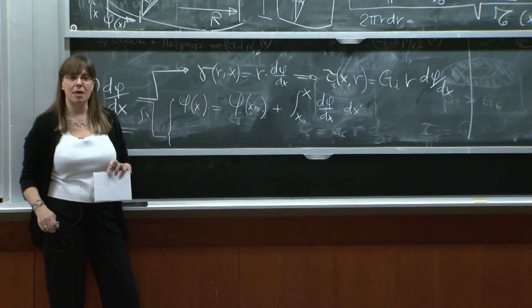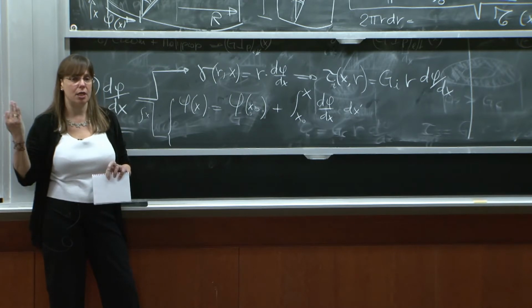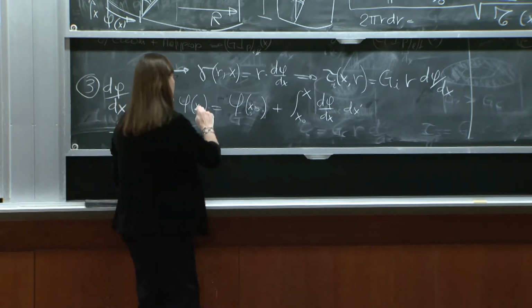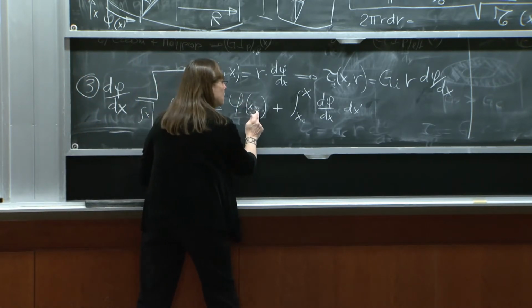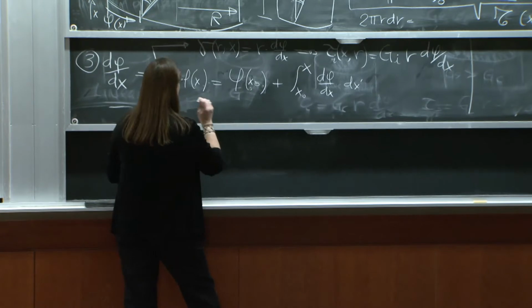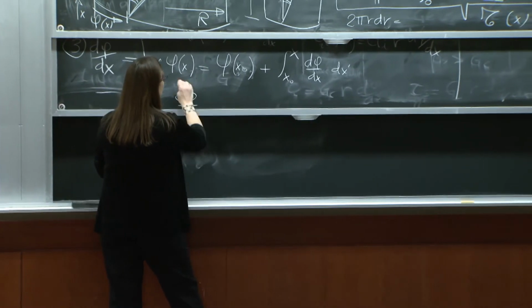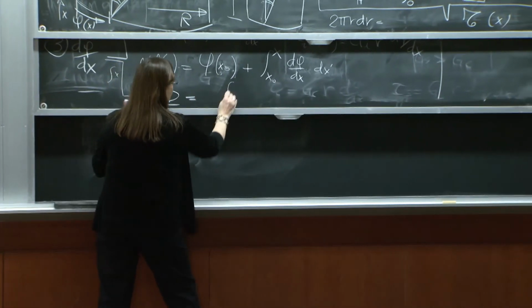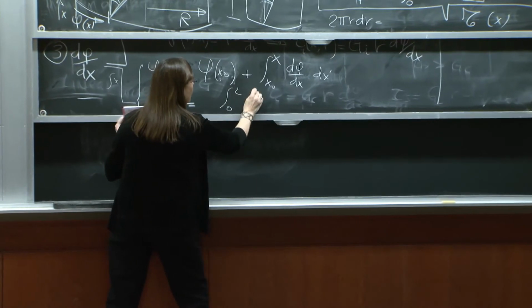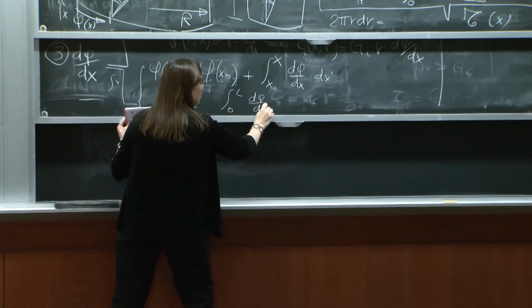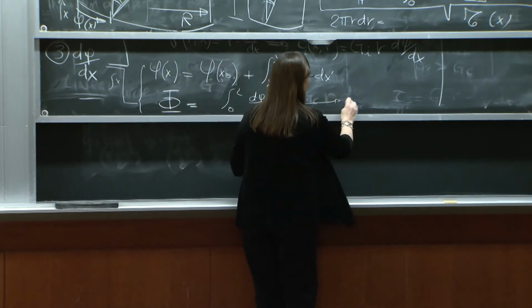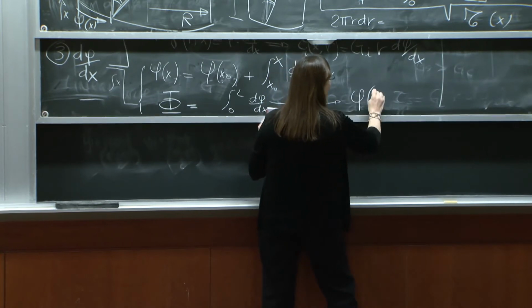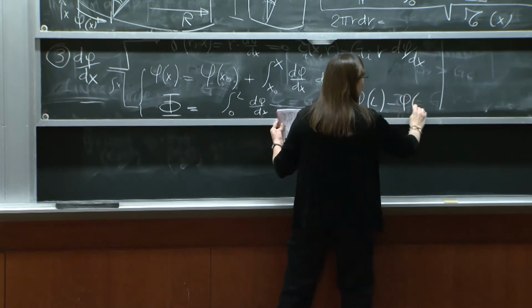Same as we were doing in axial loading, but now instead of u, there is phi. So phi of x from where you know it to where you want it. And of course, the total angle of twist is going to be the integral from 0 to L of d phi dx. And notice that this one is the same as saying phi of L minus phi of 0.